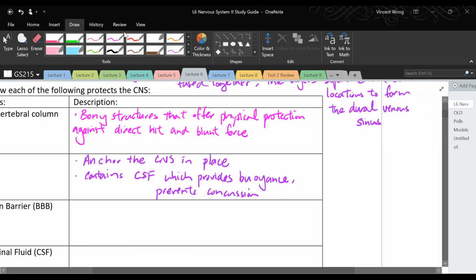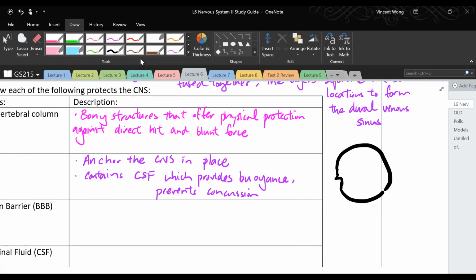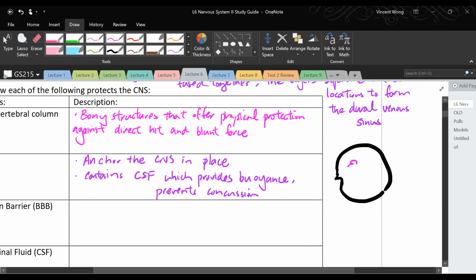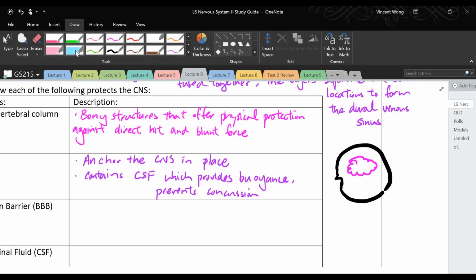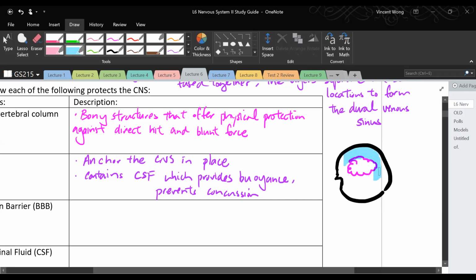So this is your skull, for example, and that's a terrible drawing. This is the skull, and let's say this is the brain on the inside, and the CSF makes sure that the brain is floating in your head. So if your head goes forward, which way does the brain go? Can anybody tell me?